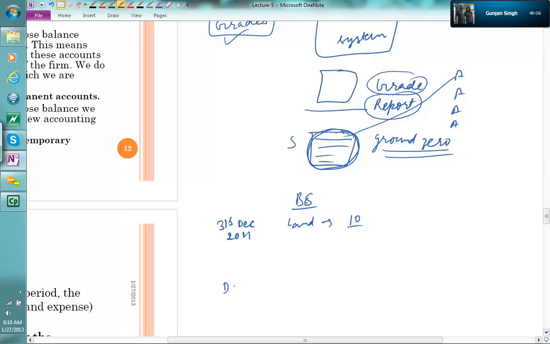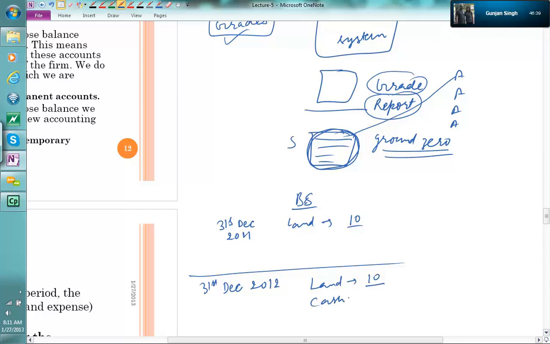Even if you prepare the balance sheet on 31st December 2012, if there is no purchase of land and no sale of land, this will be 10. A balance sheet is like a snapshot of what you have at a particular point of time. So how much will the land be worth? 10 million, isn't it? It's not that it needs to be made zero.